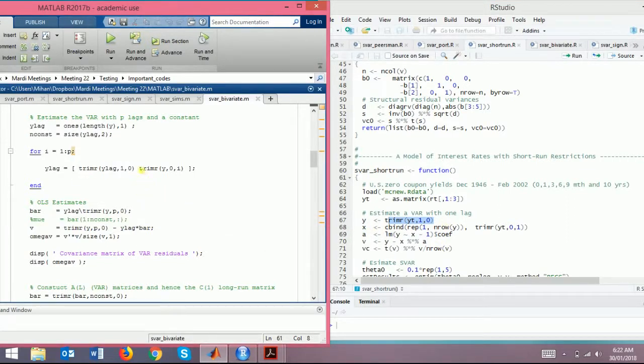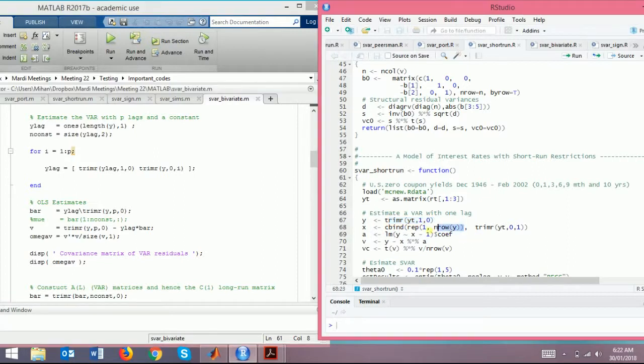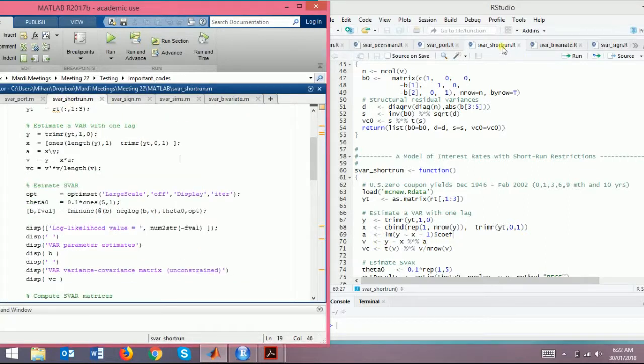So x is y lag 1 0, which is actually a number of ones, and then this very simple thing. This is how we could have done the estimate of VAR with 1 lag.